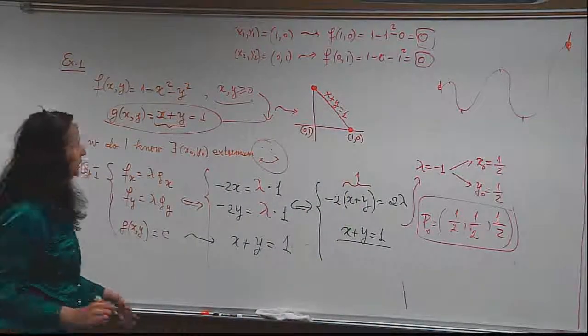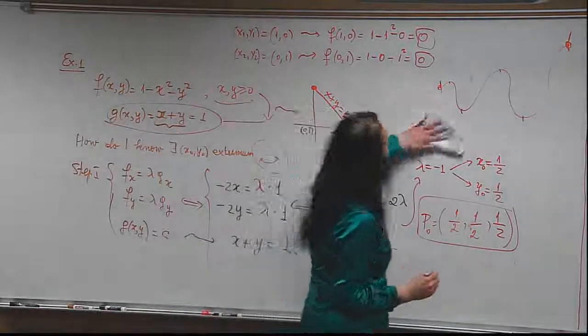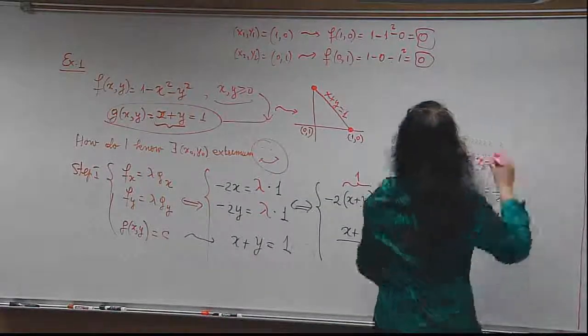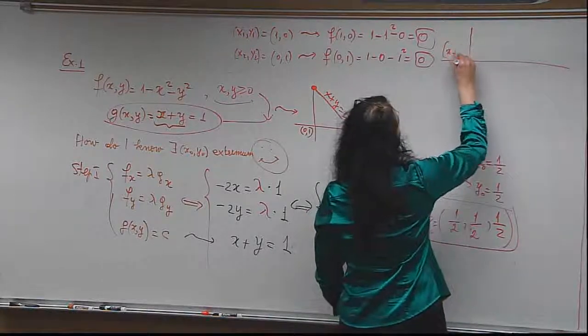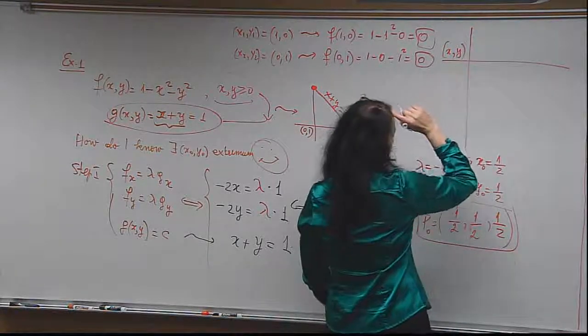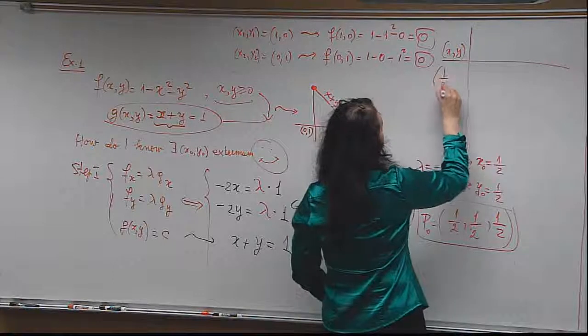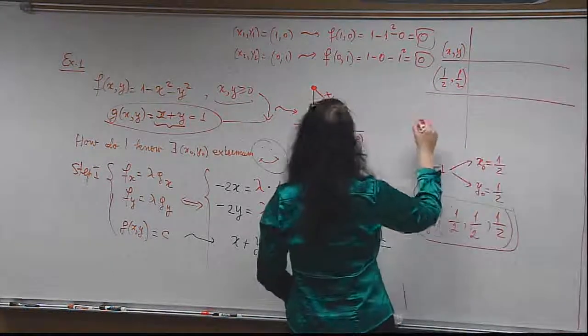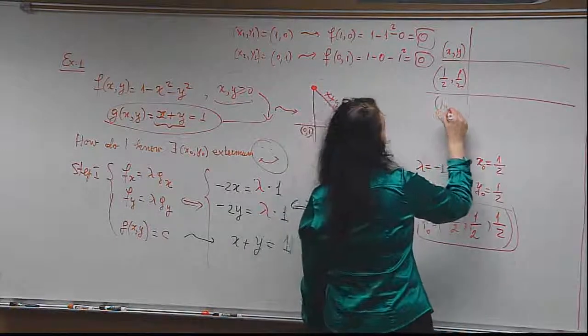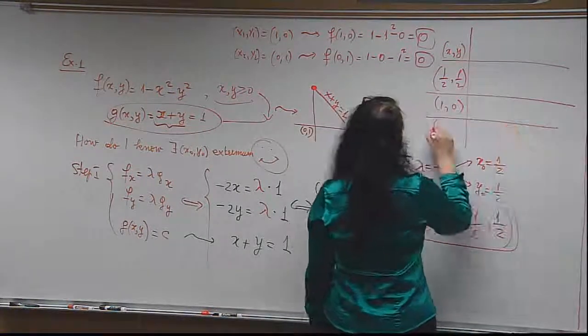You're going to draw the table, and this is the perfect place for the table. Perfect place in the sense that you have x, y, and you have, who are your noticeable guys? 1 half, 1 half. Who said 1, 0? And 0, 1.